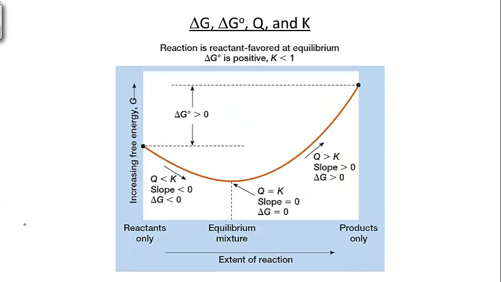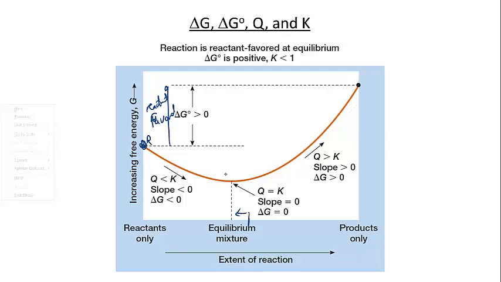Okay, now the converse of that is a system that is reactant favored. And here, delta G0 is positive because you go from pure reactants to pure products. That's reactant favored because it's going energetically uphill. And now the curve of free energy versus the extent of the reaction lies to the right of the 50-50 mixture.